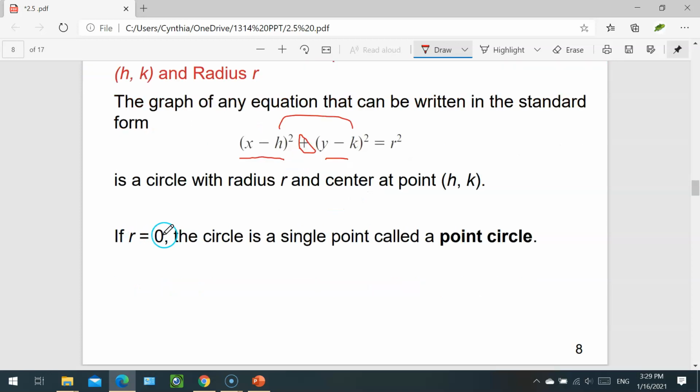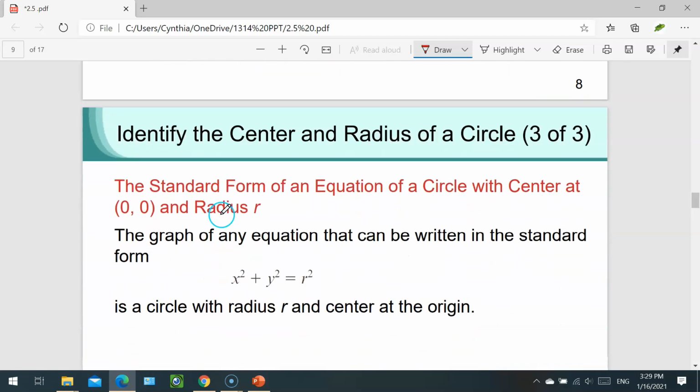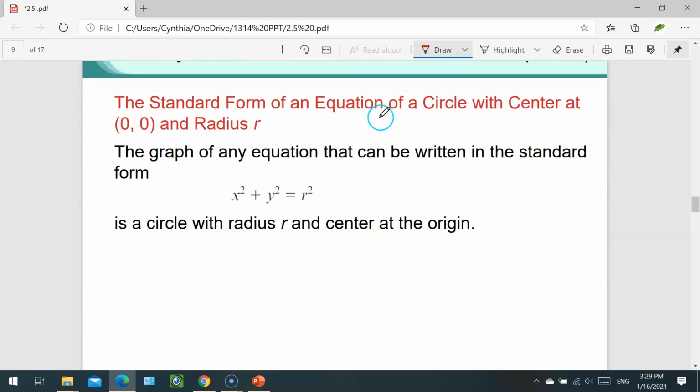If the radius is equal to 0, the circle is a single point. We call it a point circle because there's no radius, just a particular point on the graph. The standard form of an equation of the circle with center at (0, 0): when the center is at (0, 0), that means your h and k are 0.